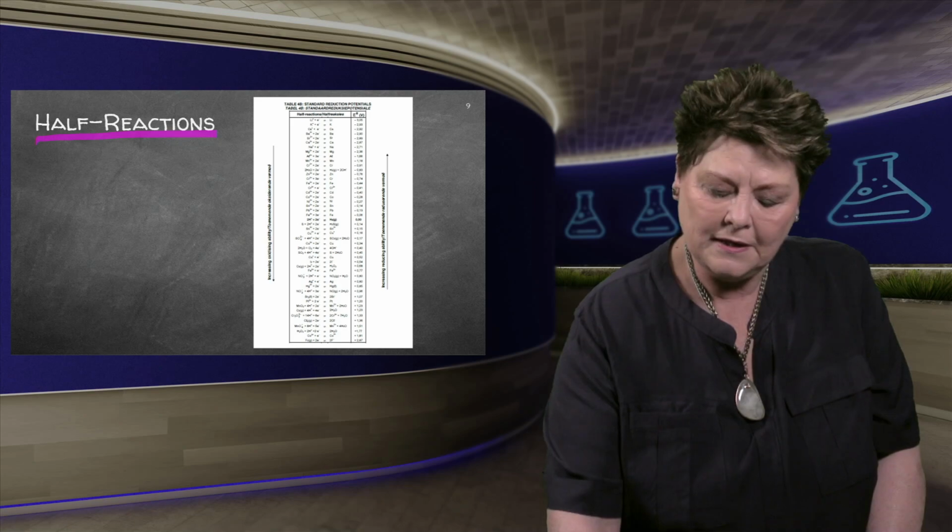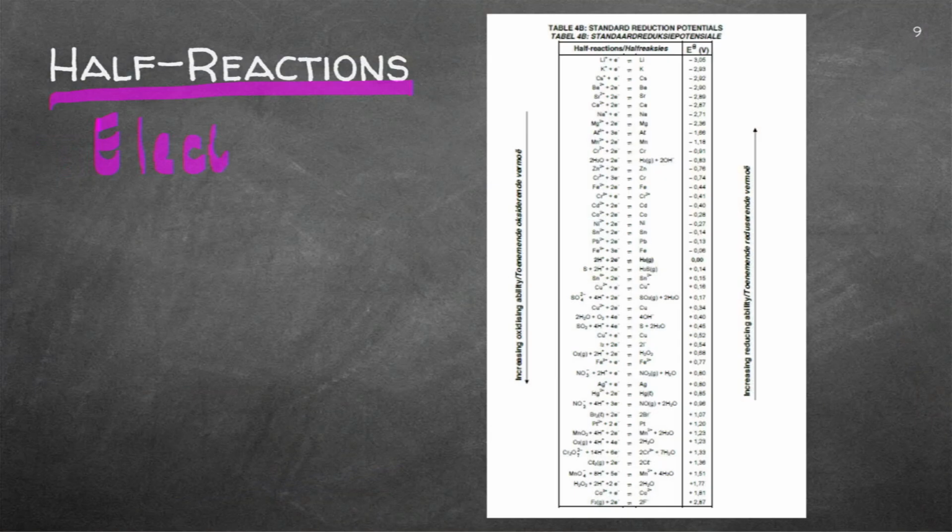Now we get electrochemical cells, and they are divided between, and we'll have 2 or 3 lessons on this, a galvanic cell as well as an electrolytic cell. So this table we use for both of them.